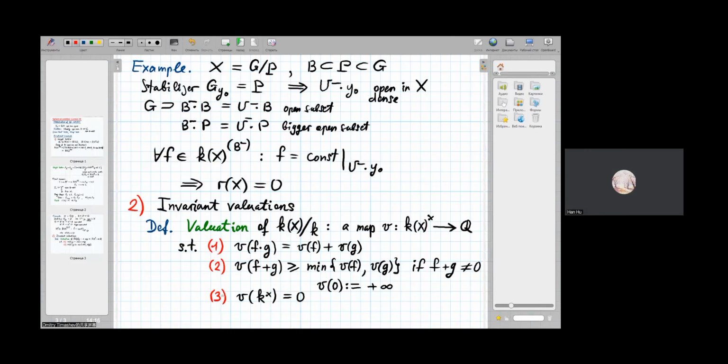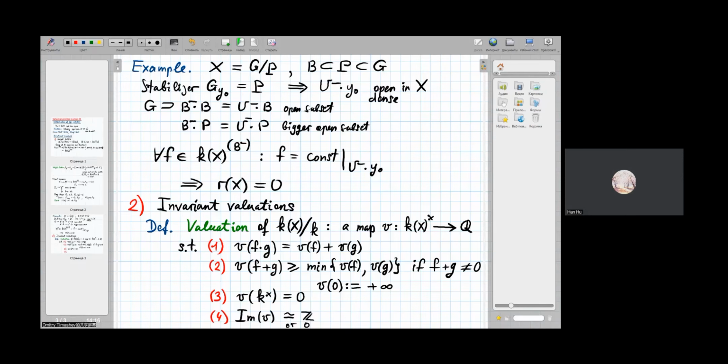And finally, the fourth condition is that the image of the map V is a cyclic subgroup in Q. It is either isomorphic to Z or just 0.